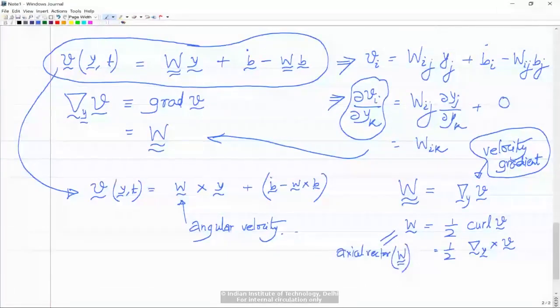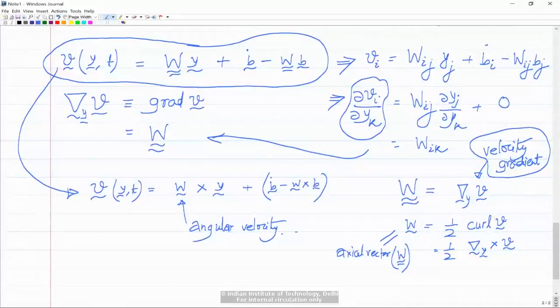And some of you were saying vorticity, so vorticity is twice this angular velocity. This is about rigid body motion. What we came across is a very important term called the velocity gradient, the Eulerian velocity gradient, and this angular velocity term.